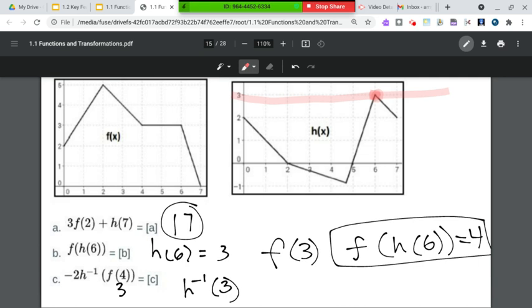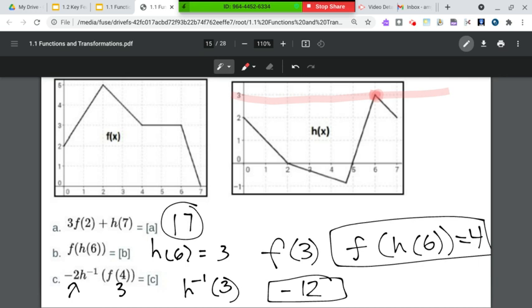What x value does it hit? 6. Perfect. And then for the last part, what are we going to do with this outside -2? Multiply. Perfect. So what's your final answer? -12. -12 is correct. You got it.